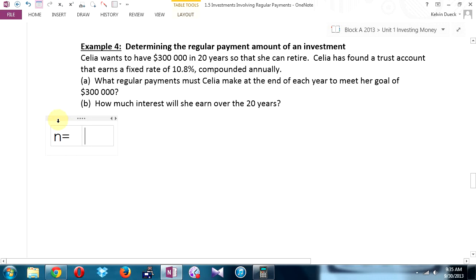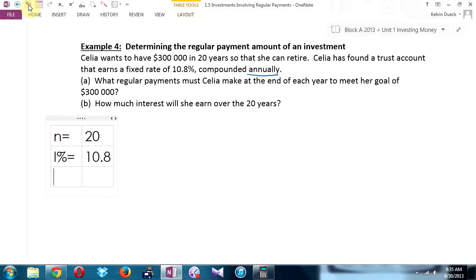It's compounded annually for 20 years. So what's N? 20. What's her interest rate? 10.8. What's the next one?